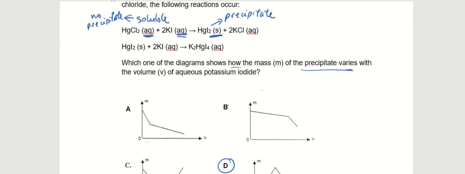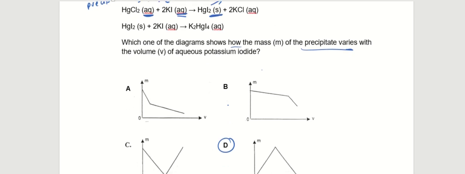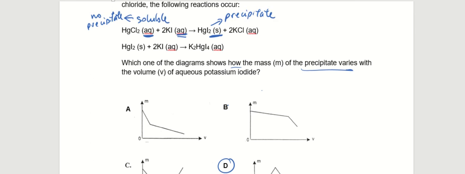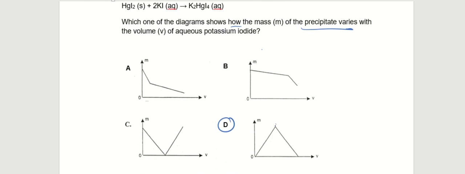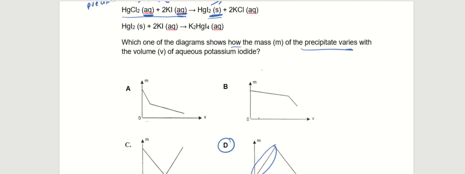But let us see whether our answer D really matches. We started off with two soluble materials and we got a precipitate. This causes the mass of the precipitate to increase initially from 0. When we continue to add more potassium iodide, we realize that the product here is soluble, which means the precipitate has dissolved.